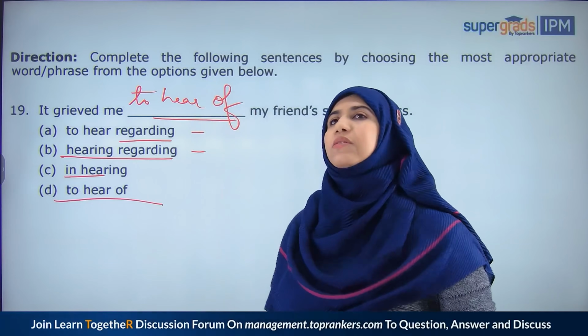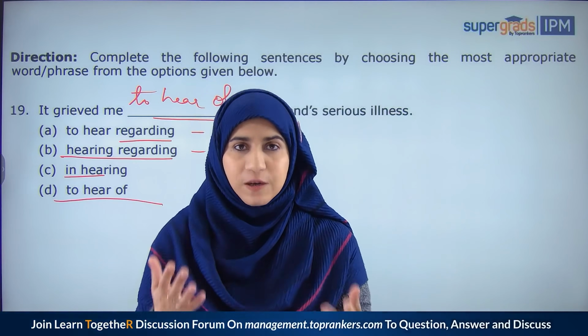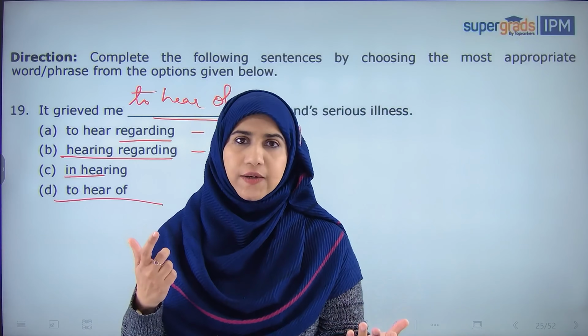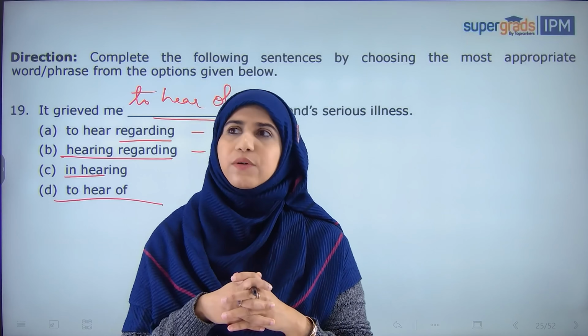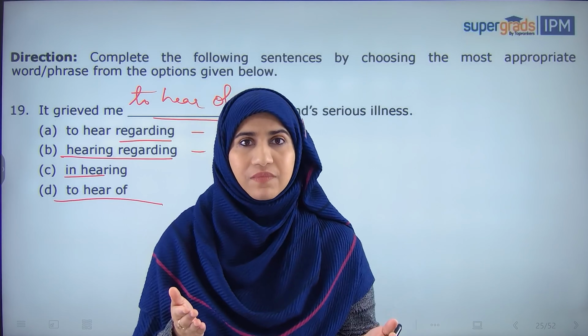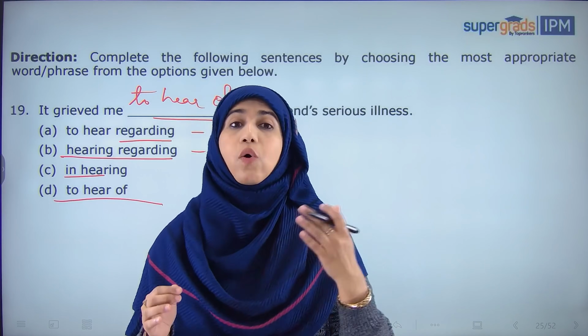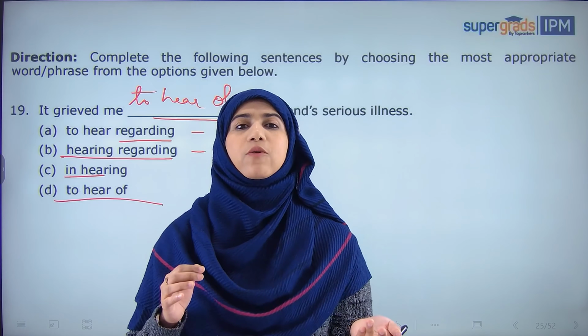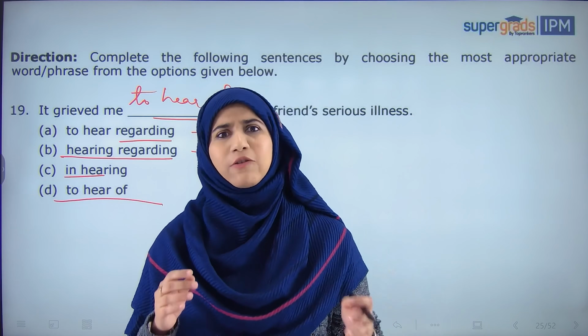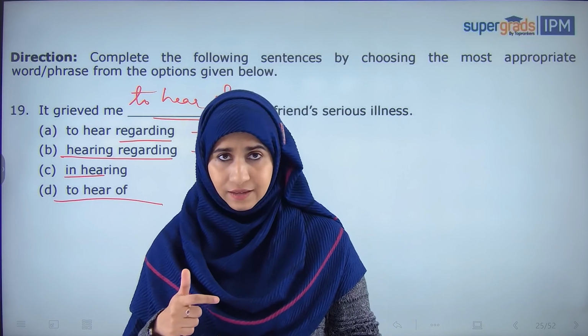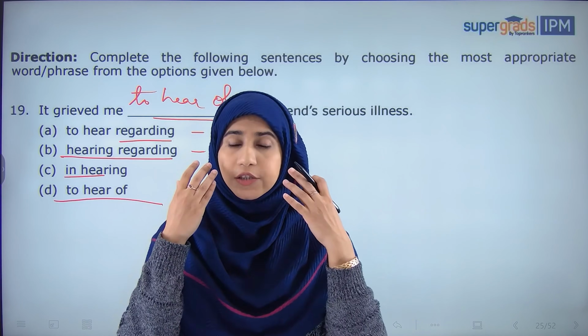See, we know that some verbs, many words in general, take some prepositions. So we know that whenever we talk about hear, we normally use hear of. Sometimes we also use hear about. Yes, you can also use the word regarding. It's not going to be utterly wrong.